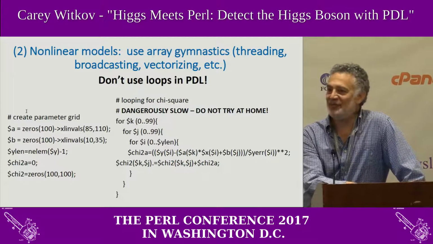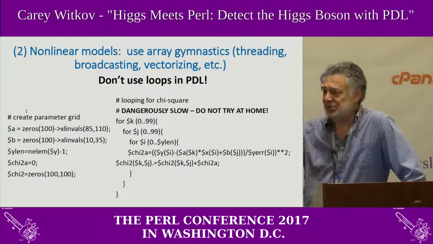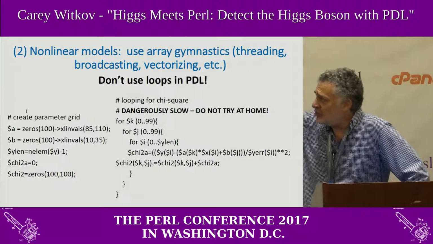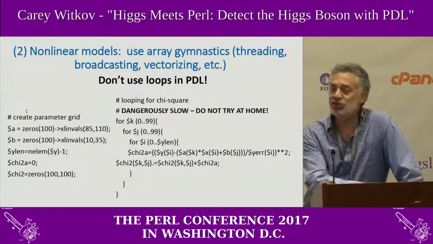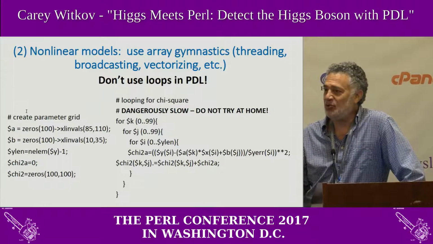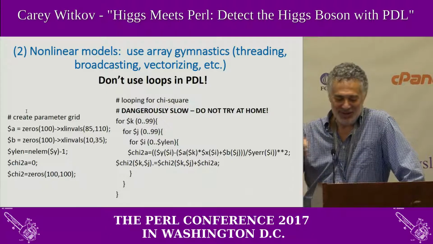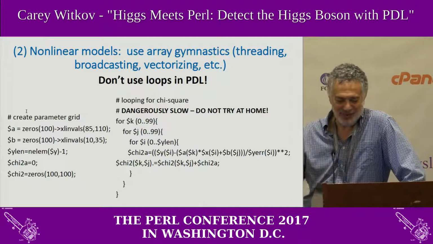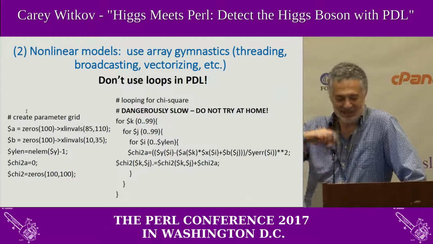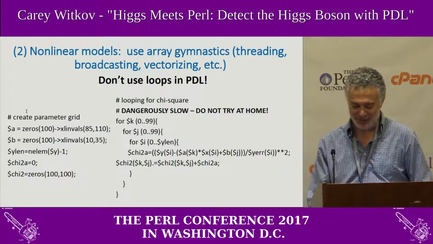Here's an example of this. It's sometimes easy to see what's being done when written in for loops. You can see it's a triple nested for loop, where the inner for loop goes through the data, then the first parameter, and then the second parameter, but it's very, very, very slow.